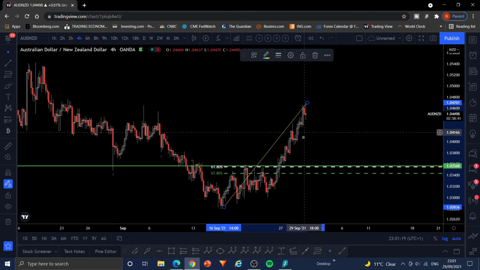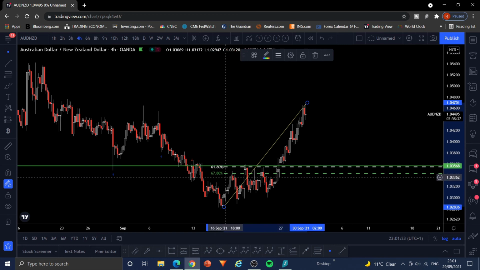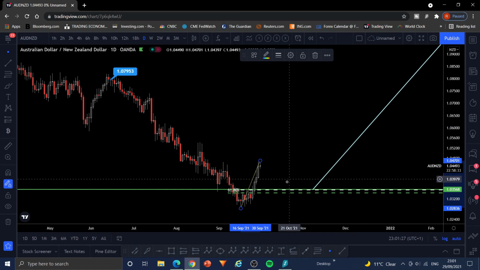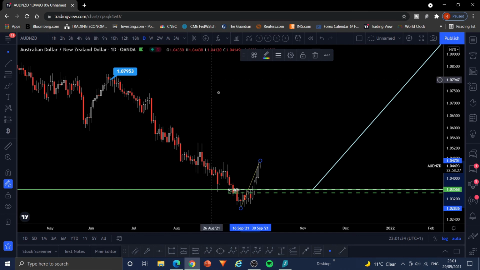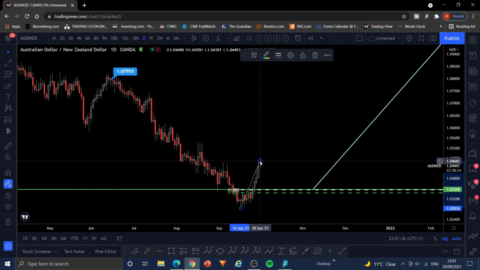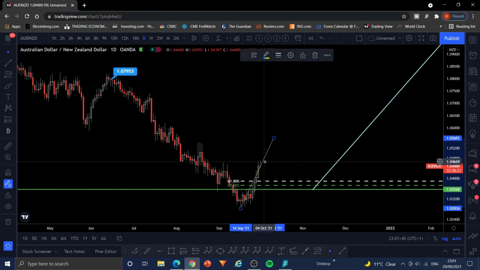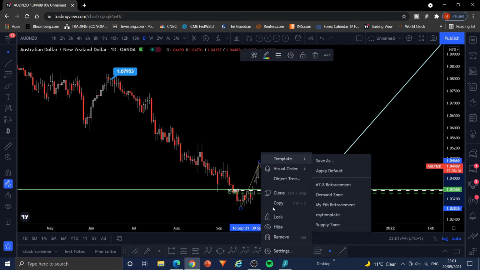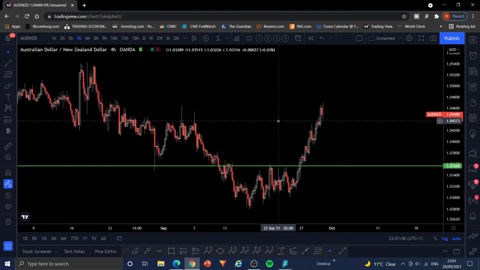So failing that Fibonacci retracement, let's just have a look at what else can line up here. There's nothing at the moment, so I'm just going to be patient here, guys, and watch this pair, and hopefully price will pull up even further, and then give me some kind of a retracement, which will then allow me to get in on that pullback.